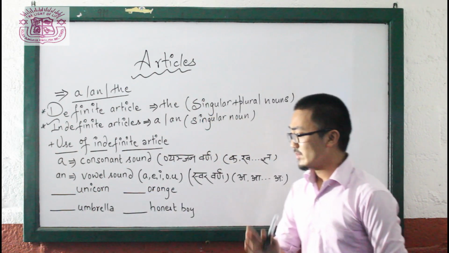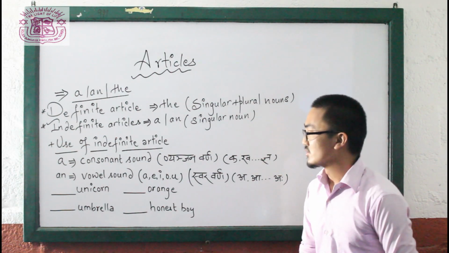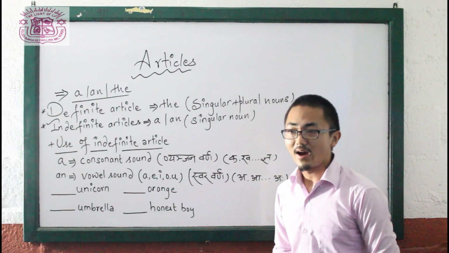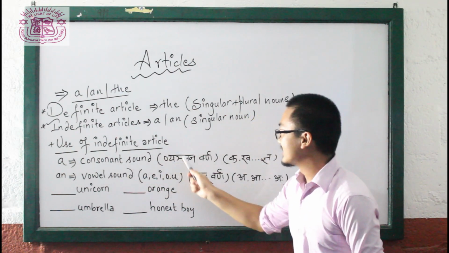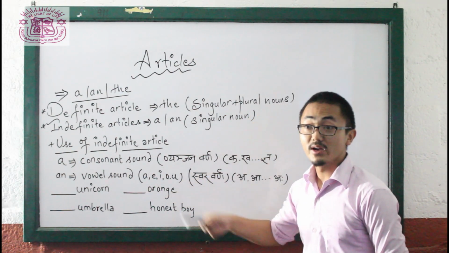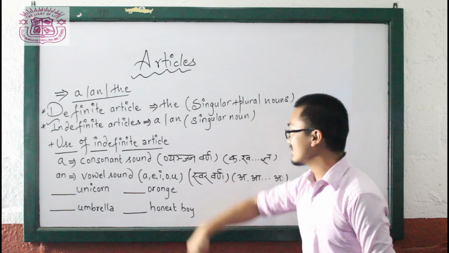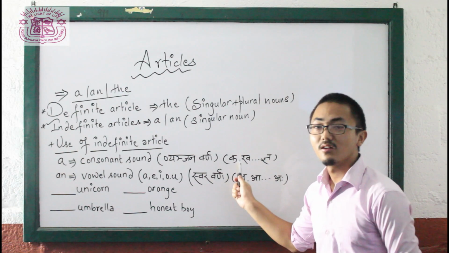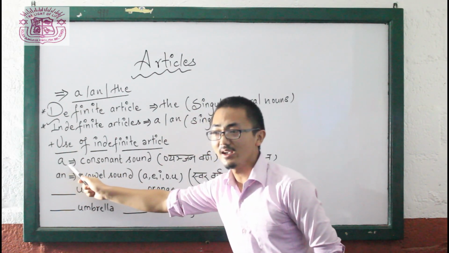Okay, so let me make you clear. We are generally from a Nepali background, so in order to make it clearer, in Nepali the consonant sound is known as Vyanjan Varna. That means whenever you have to pronounce any kind of word, if it sounds like Vyanjan Varna, like Kakha, Gaga, then at that time you have to use a.